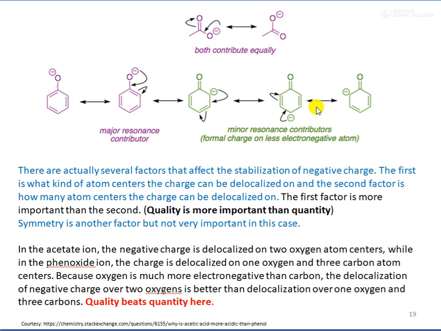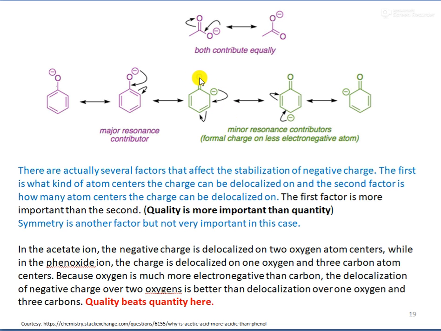Whereas in the case of phenoxide, we can see these different structures, and in the first two structures the negative charge is on the oxygen, whereas in these three structures there is a negative charge at the carbon at the ortho and para positions. At the same time there is also electron density at the oxygen.